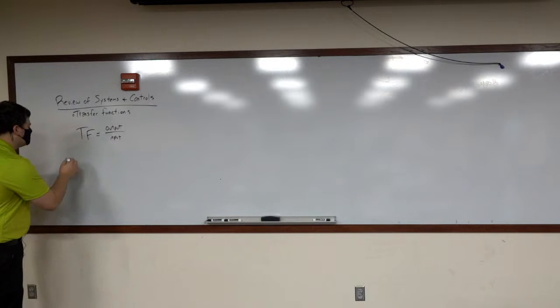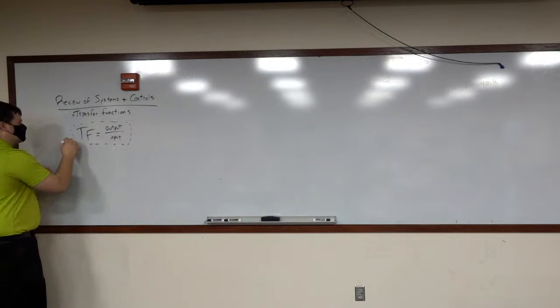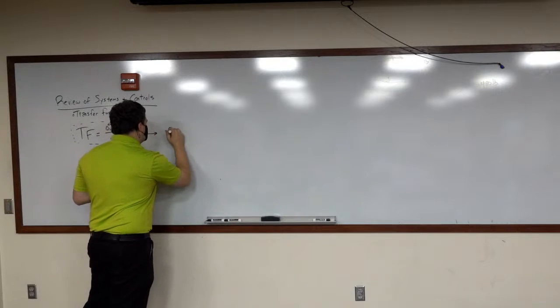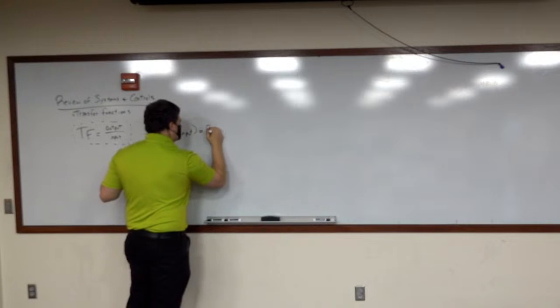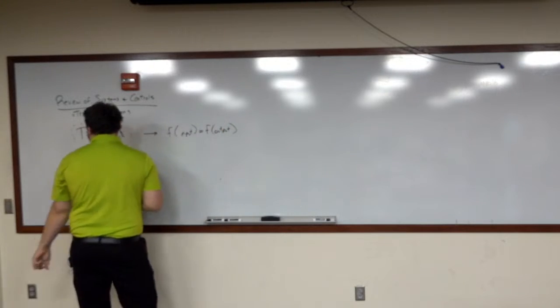But we take this concept and we basically say, okay, if you can come up with some function of the input that is equal to some function of the output, this is still a solvable problem.